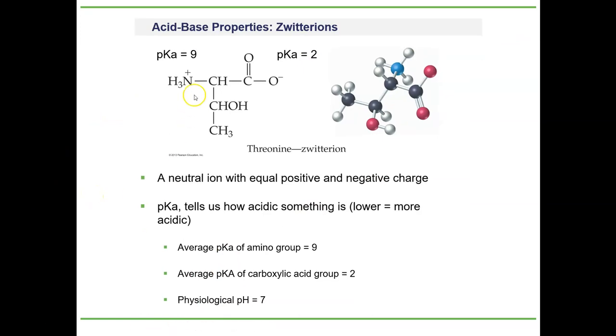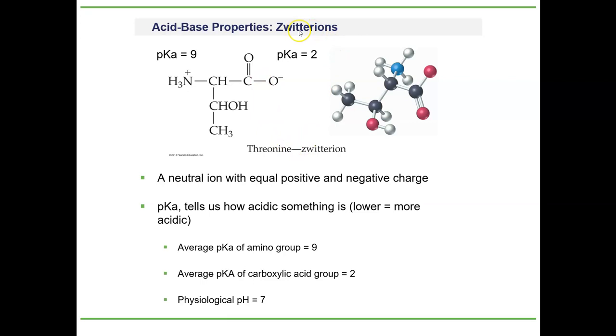What that also means is, for the backbone of the amino acids at physiological pH, because the pKa of the amine group is 9 and the pKa of the carboxylic acid group is 2, at a pH of 7 these are going to be ionized. So this is a positively charged nitrogen, and this is a negatively charged carboxylic acid group.